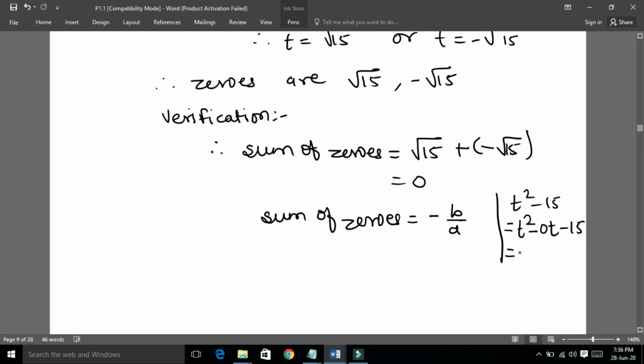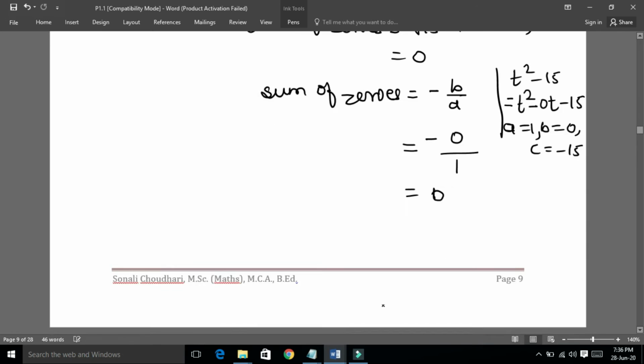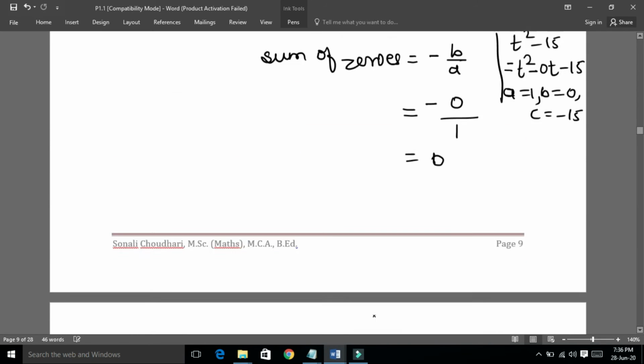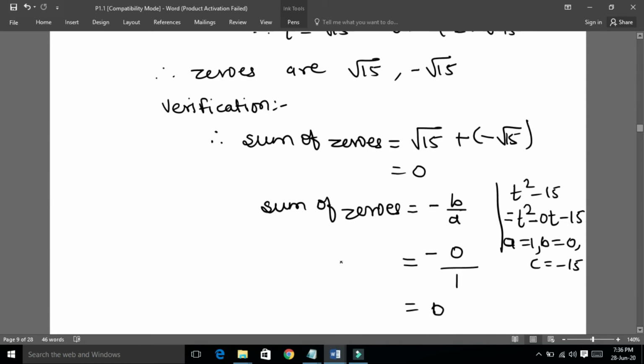Therefore when we compare with the standard form, we get a is equal to 1, b is equal to 0 and c is equal to minus 15. Substituting the values in the formula, minus b is 0 here, 0 upon a is 1 here, so 0 by 1 is 0. So the sum of zeros is verified.